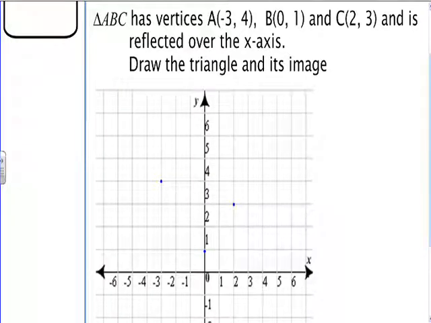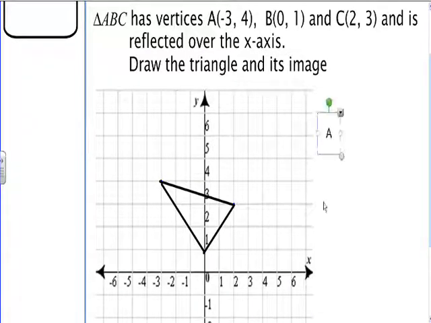So those are all my original points, and then what we want to do is connect them so we can make our triangle ABC. And another thing we might even want to do is label those points. So A was at (-3, 4), B was at (0, 1), and C was at (2, 3).